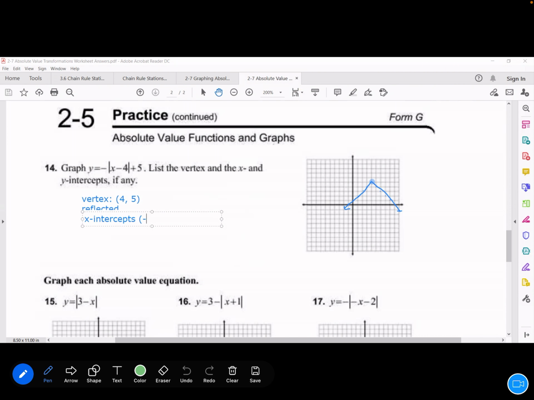We have one at -1, 0, and another one at 9, 0. The y-intercept is at 0, 1. So again, I waited to find the x and y-intercepts because I could see them once I graphed. So x-intercepts at the x-axis, y-intercepts at the y-axis.